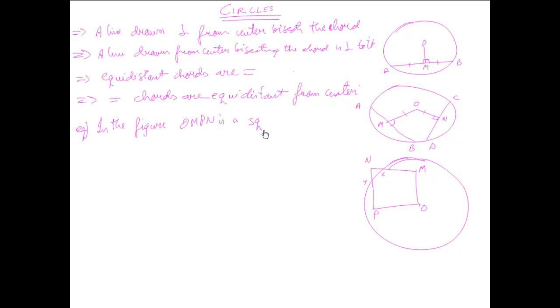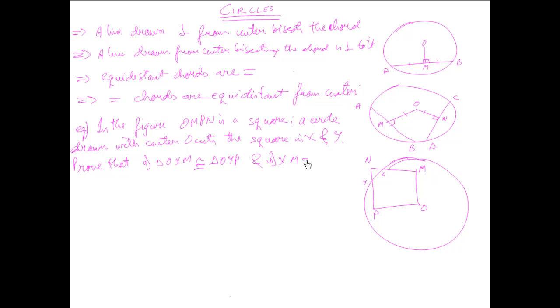A circle drawn with center O cuts the square in X and Y. Prove that triangle OXM is congruent to triangle OYP and XM is equal to YP.